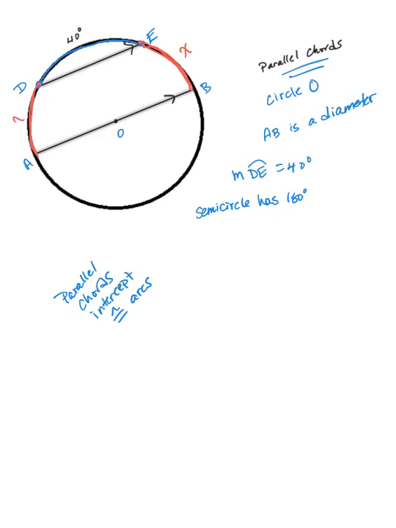So I'll call them both X. So if I want to find the measure of arc AD, what I would do is I would do X plus 40 equals 180. 2X equals 140, so X is 70 degrees. All right, and then the measure of arc EB would be the same thing.